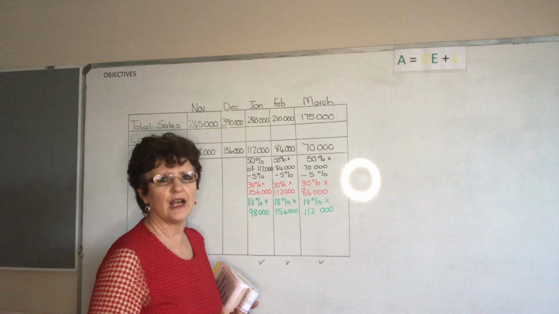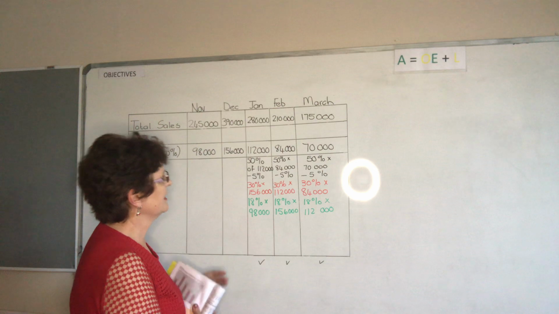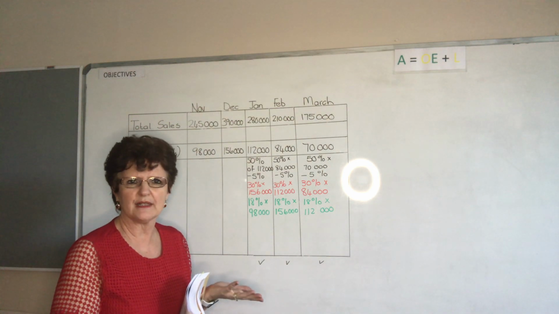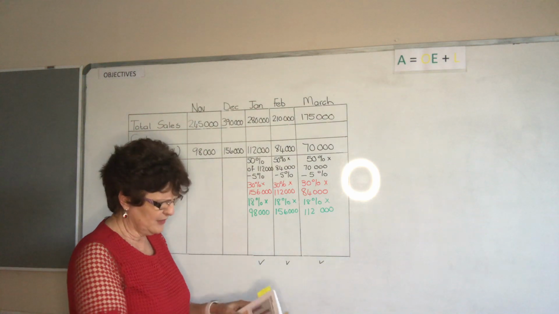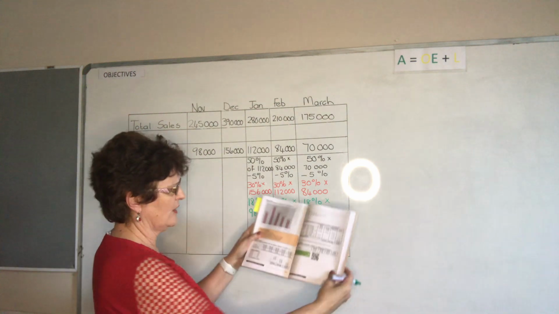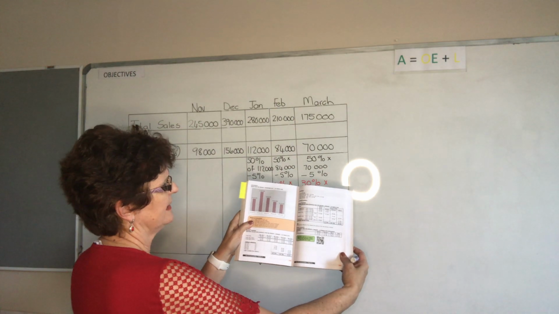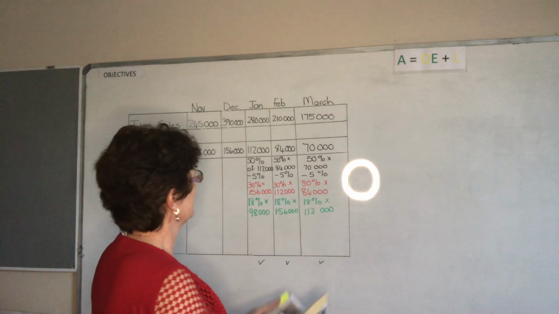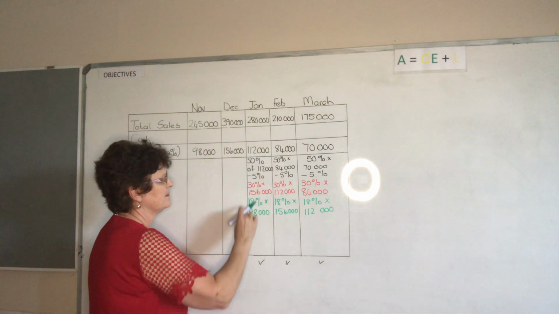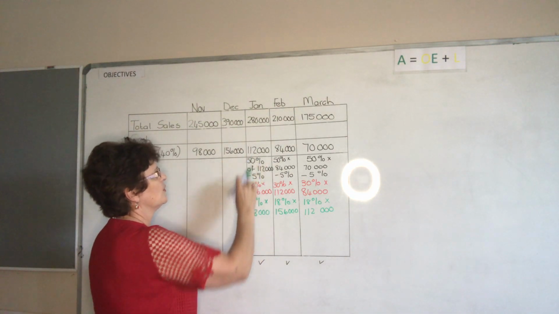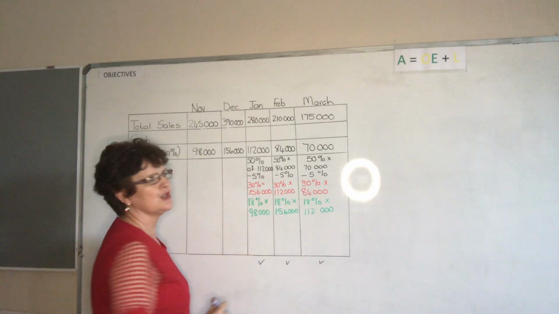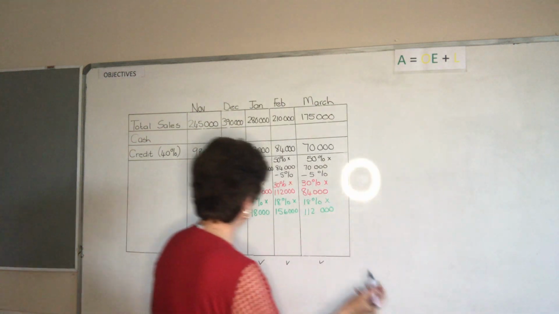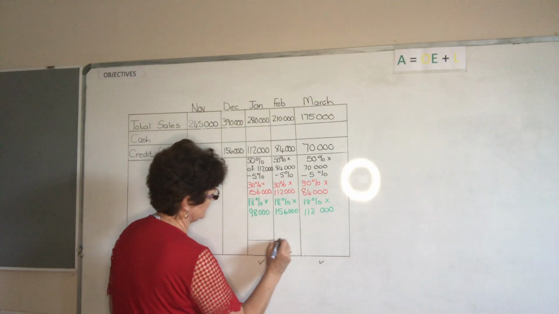So can you see how we calculate that? I like to do it like this because it makes more sense to work like that. But there are different formats, and if you look in your textbook, you will see on page 400 and page 401, there are 2 different ways that you can do it. Bottom line is you need to know what are the amounts to be calculated for January, February, and March to know exactly what at the end of that month we can expect to collect from our debtors.